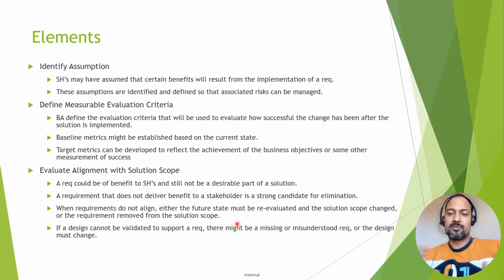It is very subjective to the requirements whether we have to realign or not. If a design cannot be validated to support a requirement, there might be a missing or misunderstood requirement, or the design must be changed.